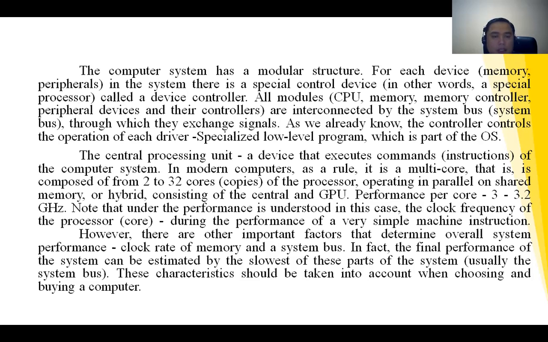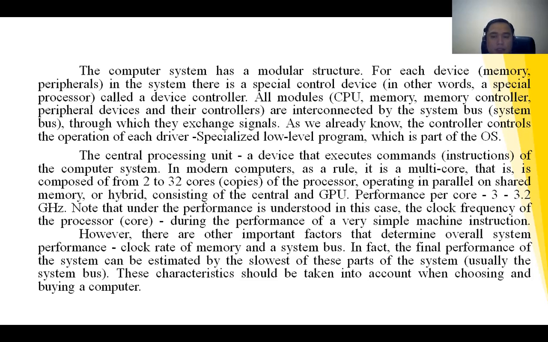Performance per core is from 3 to 32 gigahertz. Note that performance is understood in this case as the clock frequency of the processor core during the performance of a very simple machine instruction. However, there are other important factors that determine overall system performance: clock rate of memory and system bus.